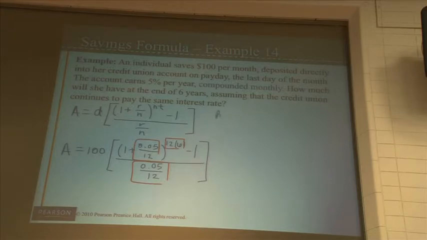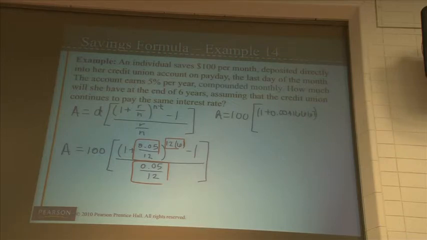So A is equal to 100, we're going to leave that alone for a bit, times 1 plus 0.05 over 12, which gives us, let's see, 0.004166667.